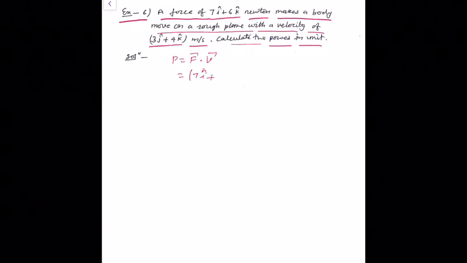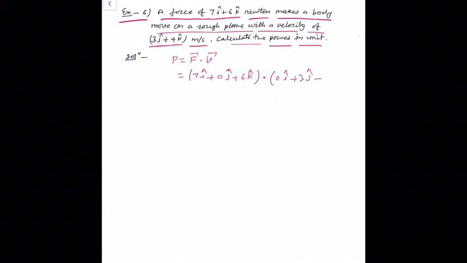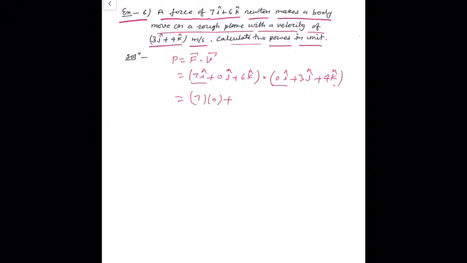7i cap plus, here j cap is 0, so 0 j cap plus 6k cap dot, in V vector i cap is 0, so 0 i cap plus 3j cap plus 4k cap. So 7i cap dot 0 i cap, 7 into 0, plus 7i cap dot 3j cap, 0, 7i cap dot 4k cap, 0.